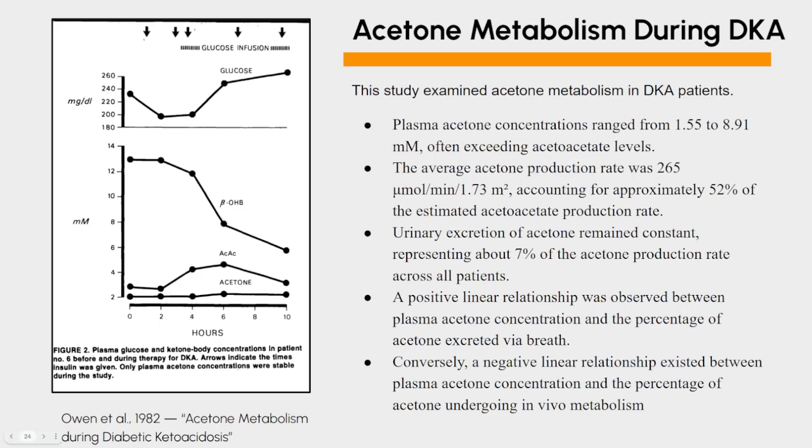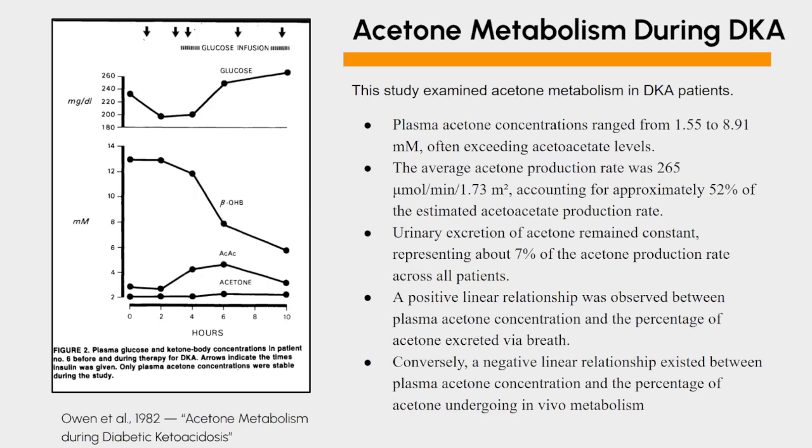A positive linear relationship is observed between the plasma acetone concentration and the percentage of acetone excreted via breath, a reminder that acetone in the lungs makes a patient's breath smell fruity. In the figure, black arrows at the top indicate at what hour insulin was administered.